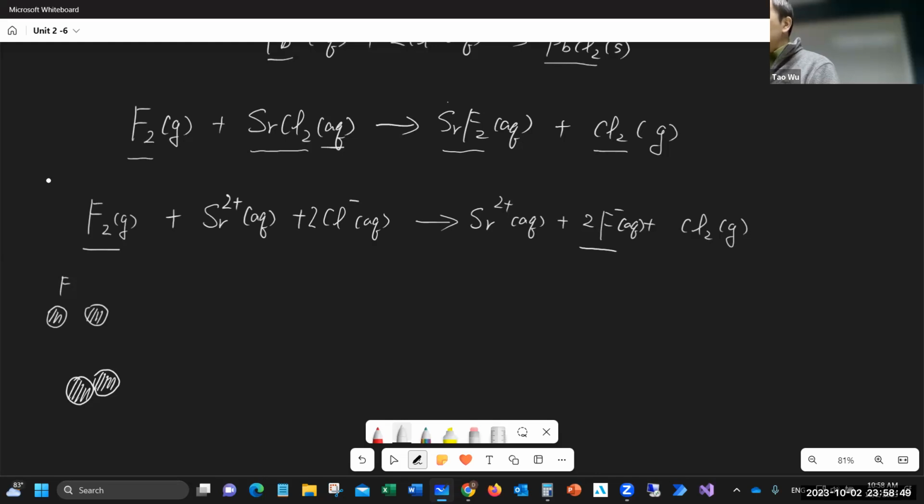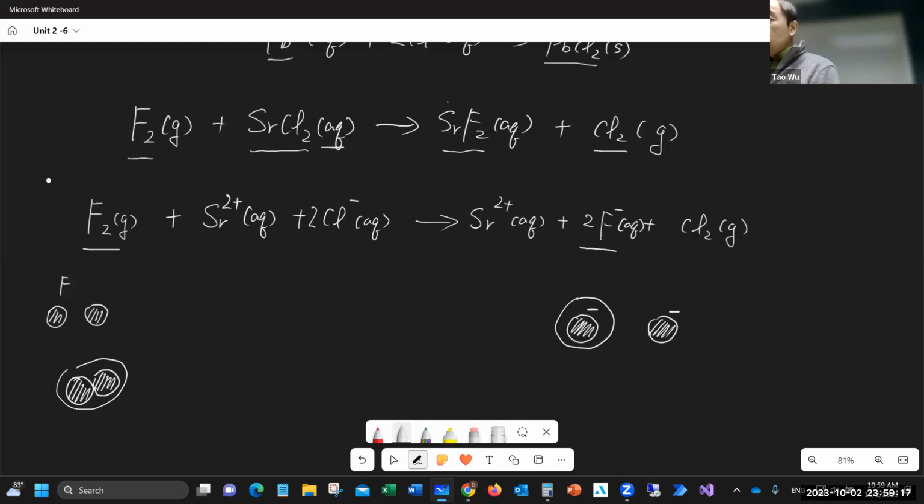And the 2F means what? It means this is separately 2 fluoride ions, not a molecule. Each of these also has a negative charge. So again, do you think that this one and this one are the same? It's not the same. This has 2 fluoride ions in the solution.